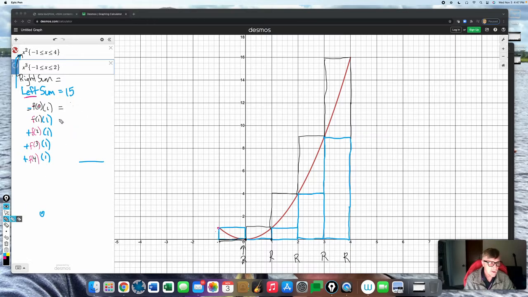I'm not sure why my pen's not working, but that's supposed to say 0. 1 times 1, which is 1. 1 times 4, which is 4. And then 1 times 9 would be our next rectangle, and then 1 times 16. So our right sum is, I guess, 30, maybe, if I did my math right. Yeah, 25 and 5 is 30.